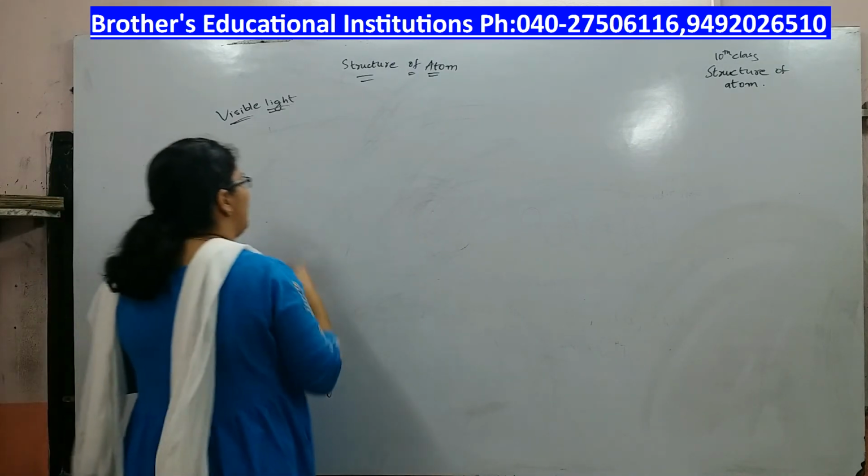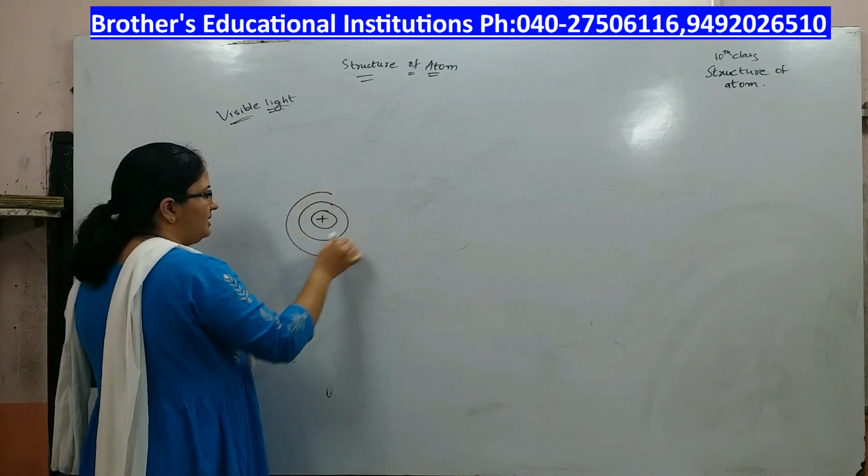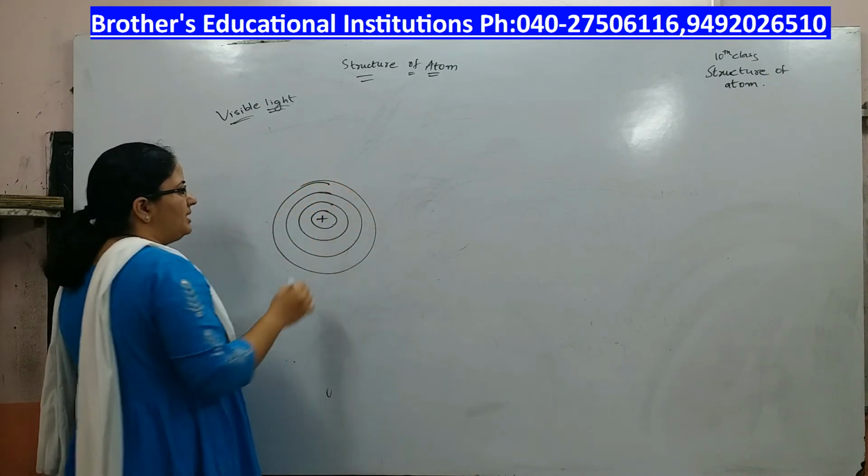As per Bohr's model, electrons revolve around the nucleus in fixed orbits.